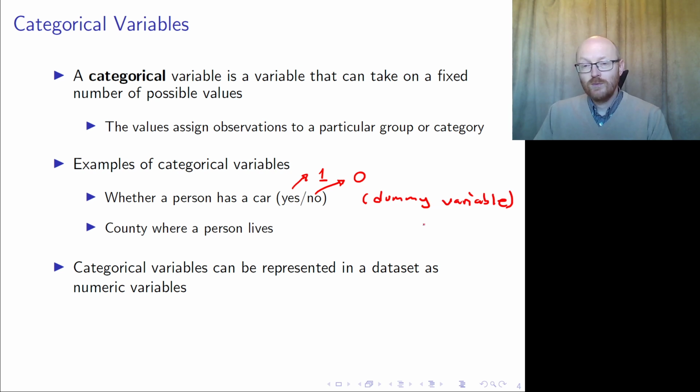Later we're going to talk more about dummy variables, but for now, examples of categorical variables could also be the county where a person lives, and there are more than 2 counties, right? So this categorical variable might look like this.